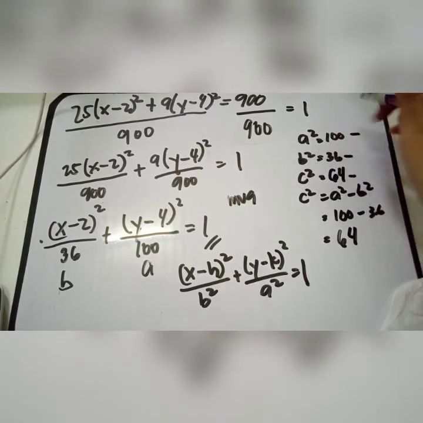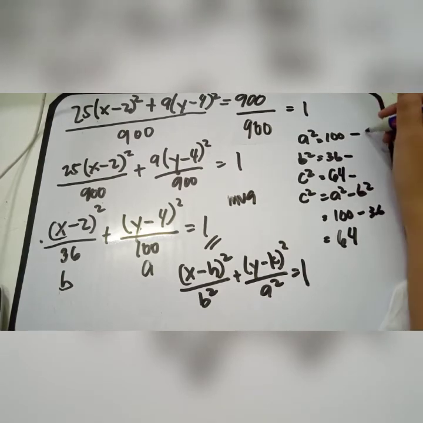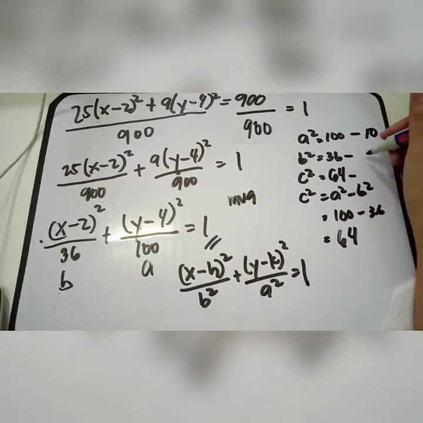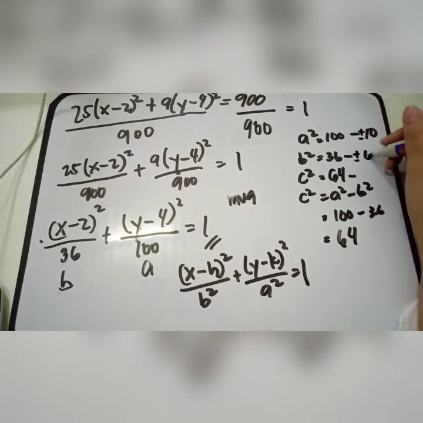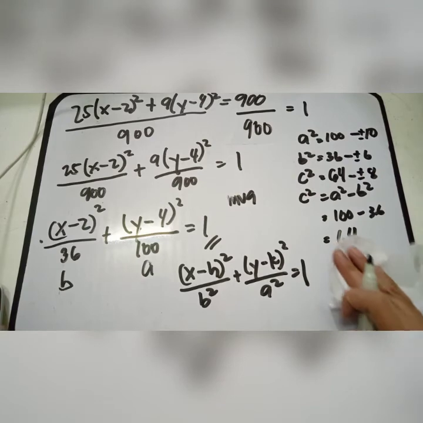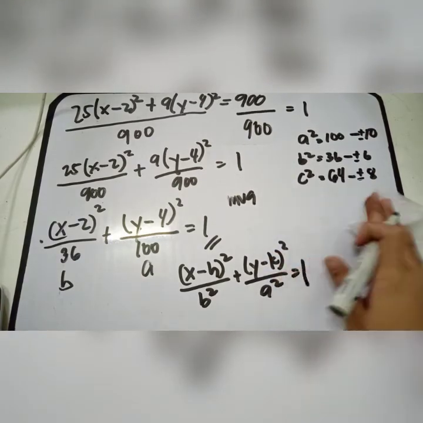So, our value of a, what is the square root of 100? That's 10. What is the square root of 36? It's plus or minus 10. For 36, it is plus or minus 6. For 64, it is plus or minus 8. So, meron na tayong value ng mga vertices.